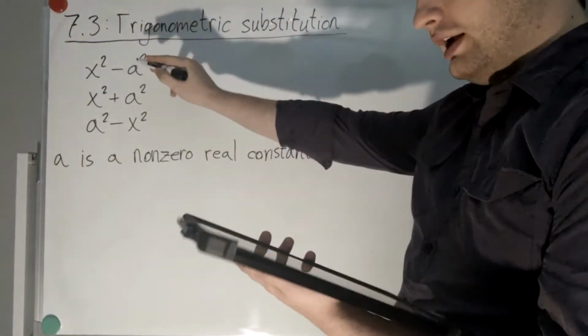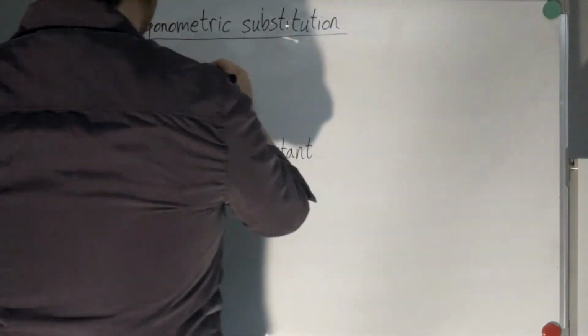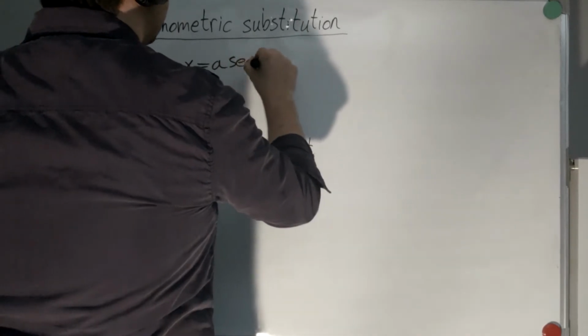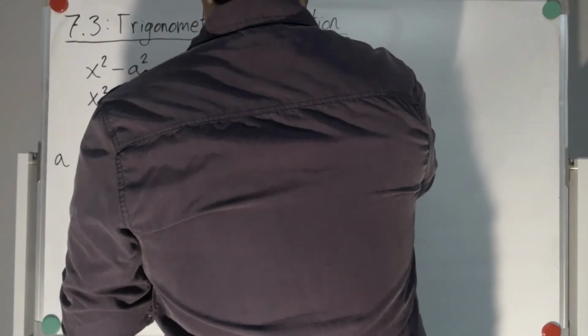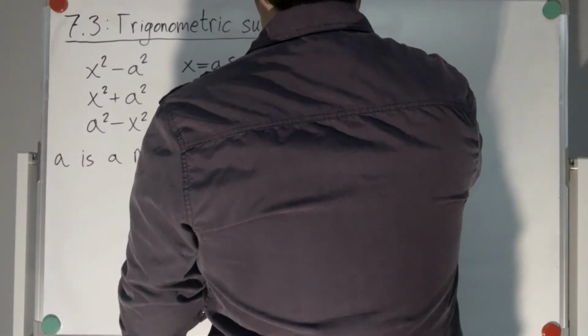If you have the expression x squared minus a squared, and you're wanting to do trigonometric substitution, you have to say x equals a secant theta for some appropriate theta between 0 and pi over 2, not including pi over 2.